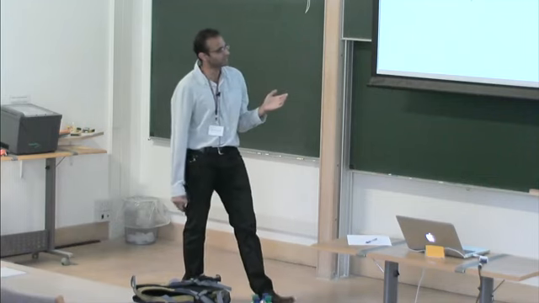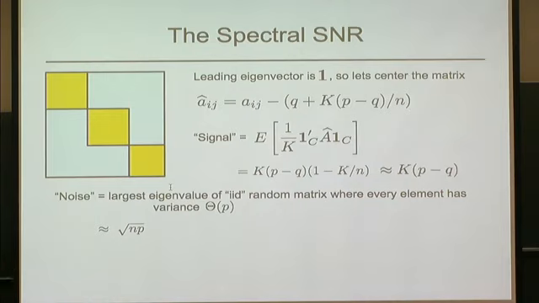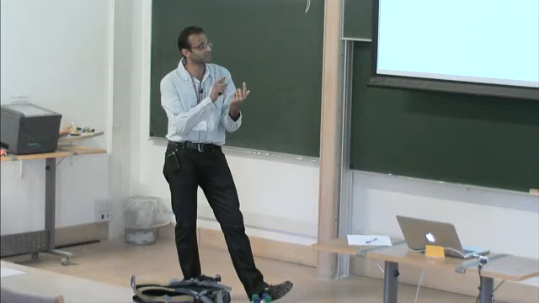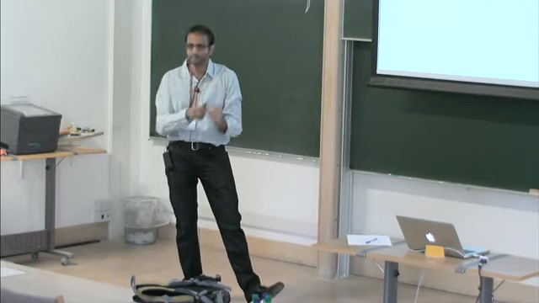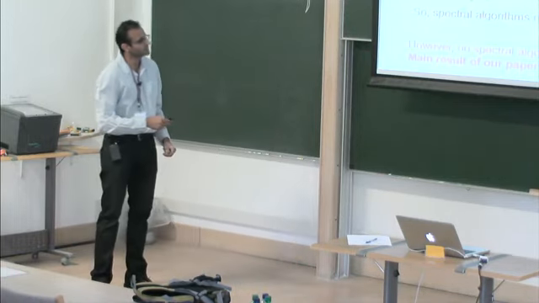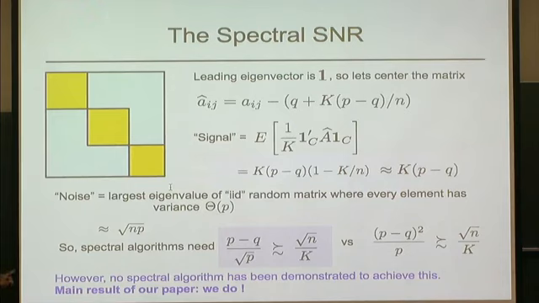So your algorithm will fail when one of these noise directions, which has nothing to do with the underlying clustering, is bigger than the spectral direction that has something to do with the clustering. So k times (p minus q) has to be bigger than square root n times square root p, which if you reorganize looks like this.